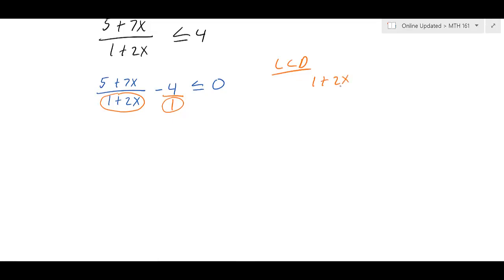So that means if we were to take 5 plus 7x, that's already containing the LCD, so we leave that alone. But the 4, we need to multiply by 1 plus 2x on the bottom, so that means we need to multiply the top by 1 plus 2x.